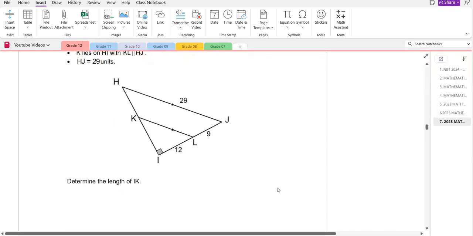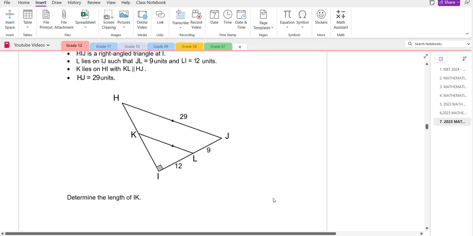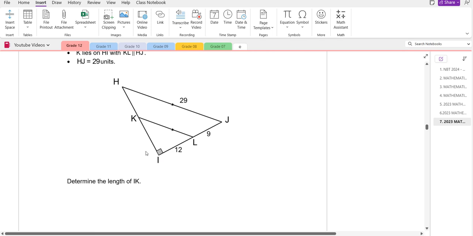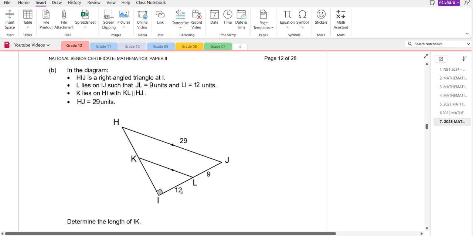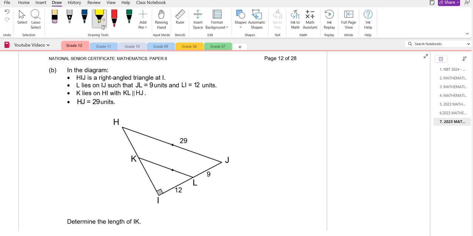Remember, to find the length of IK, first we're going to say we want to find IK. So we can say IK over IH. Now remember, this is also a right angle triangle. Now very important, because they told us it's a right angled triangle, we can use Pythagoras to find HI.